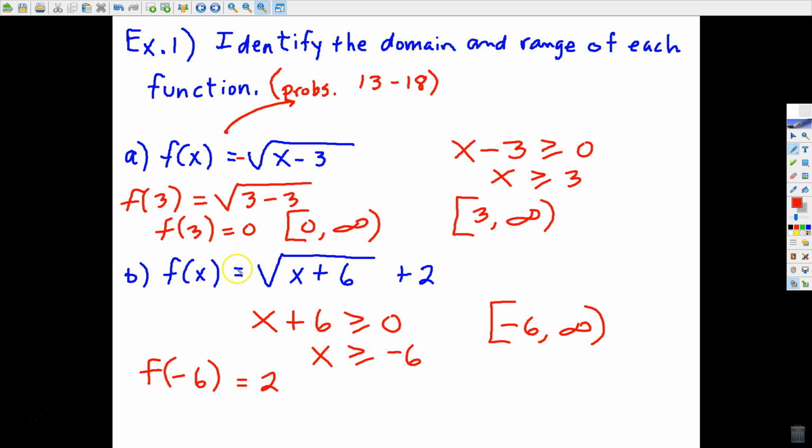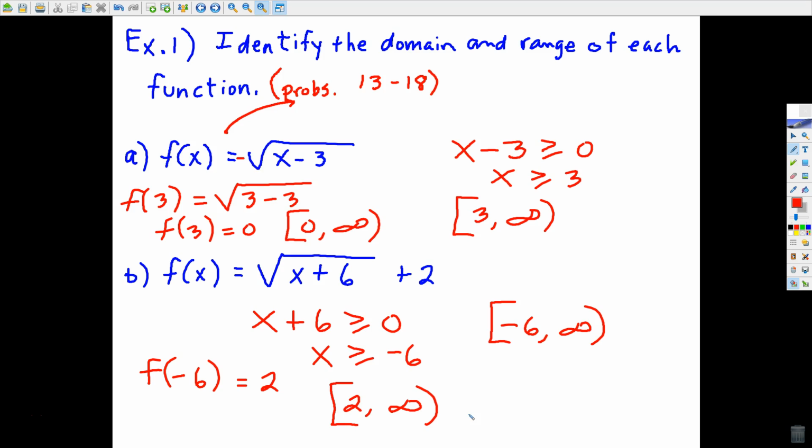Once again, since it's positive in front of the radical, we're going to have this basic shape. So 2 is actually going to be, you can think of it as the very bottom of the range, and then it's going to continue to go up from there. So the range we would state as all the numbers greater than or equal to 2. Or in interval notation, it would be from 2 to positive infinity.